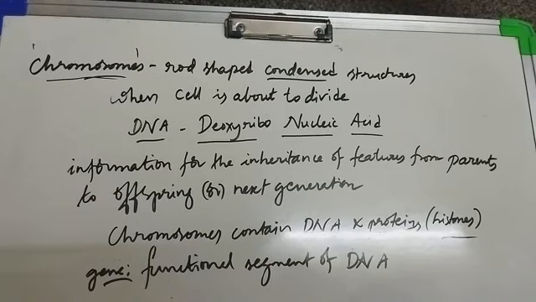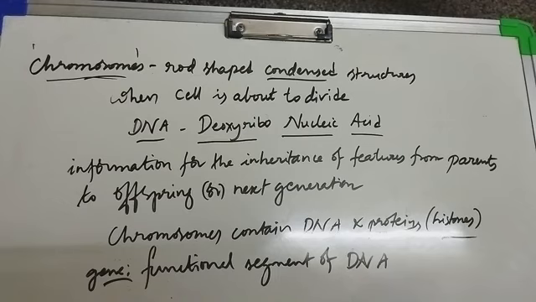And what is the difference between chromatin and chromosomes? Chromosomes are thick, condensed, rod-shaped structures, whereas chromatin is a thin, entangled mass of thread-like structure. That is the difference.